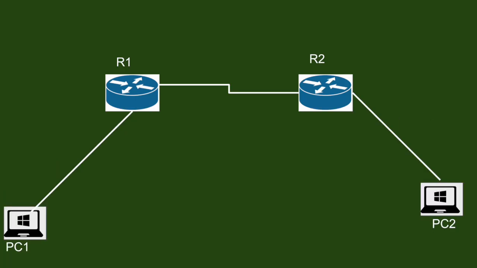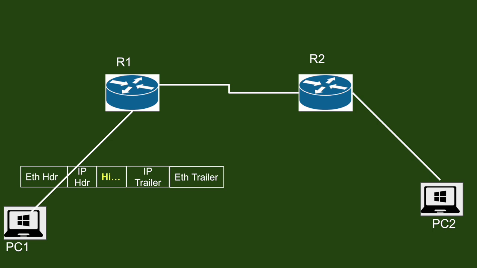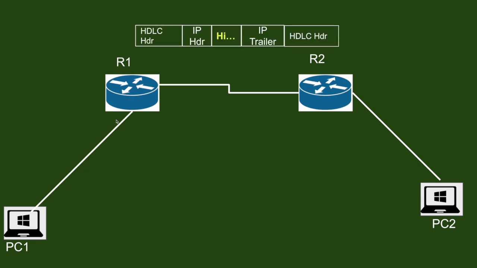So how does it look on a packet header? This is how it looks. PC1 sends hi, you have the IP packet, and you have the Ethernet header and trailer. This Ethernet packet will be sent to R1. At R1, it first decapsulates the Ethernet frame that it got from PC1, and then it encapsulates over the WAN using the HDLC header and trailer.